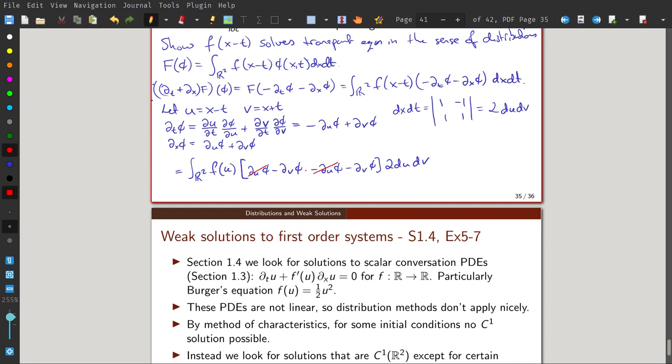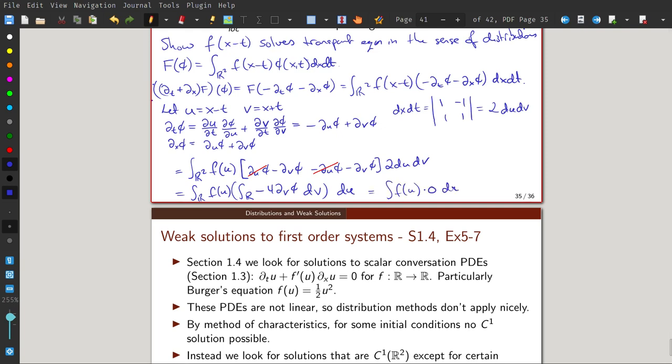This and this cancel. And so this is the integral over R of f of u, times the integral over R of negative 4 times the partial derivative of phi with respect to v, dv, du. Because this is a test function, when you integrate this, you get 0. And so this is then the integral of f of u multiplied by 0 du, which is also 0.